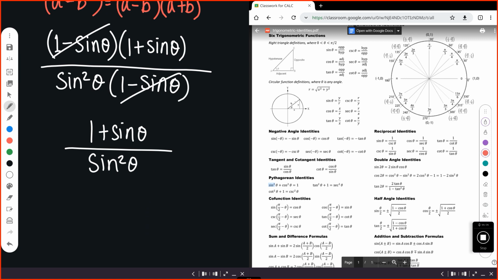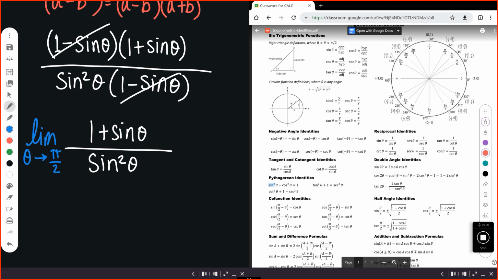Okay, now can we check to see if we can do direct substitution now? Let's see. We were finding the limit as theta approaches pi halves, and that is 90 degrees, and that is sine.